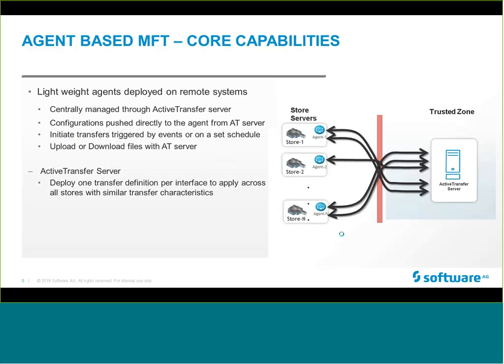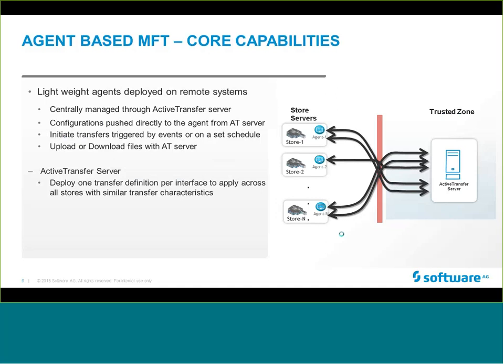You don't need to go to those remote installations to install FTP servers or SFTP servers, maintain updates, do bug fixes, and apply patches, which for the most part happens manually if you're relying on FTP and SFTP servers in those remote installations. And that is where these agents come in.